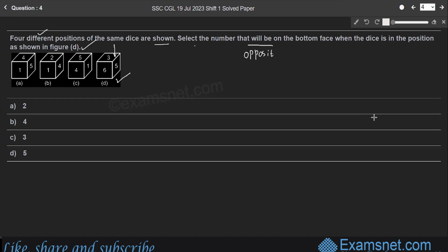To find the opposite face of 3, let us consider opposite faces of each face, right? So for that, let us consider the first two positions, A and B, right? In A, 4 is the top face, whereas in the B position of the dice, 2 is the top face, right?